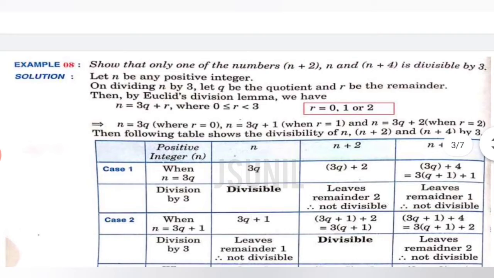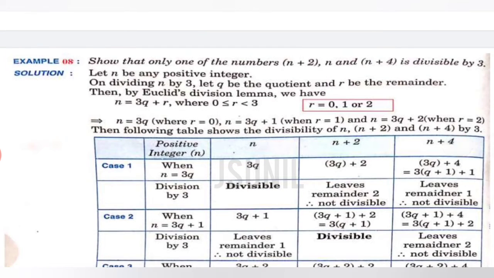That is to show that of the numbers n, n plus 2 and n plus 4, only one is divisible by 3. First we consider the number divisible by 3, b is equal to 3. Then we get the number either 3q, 3q plus 1 or 3q plus 2.